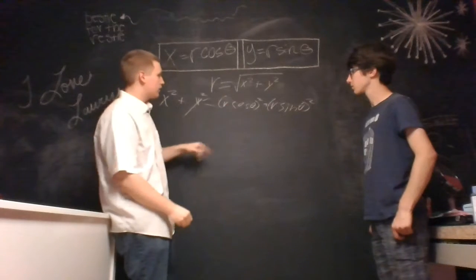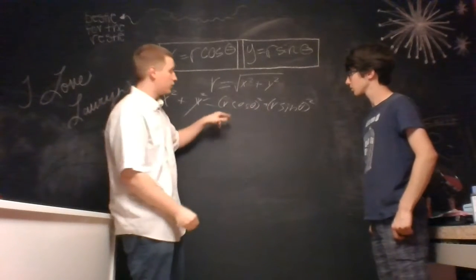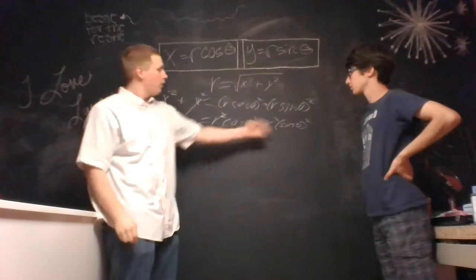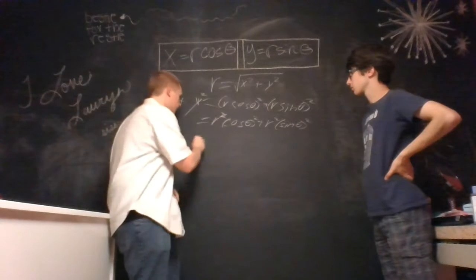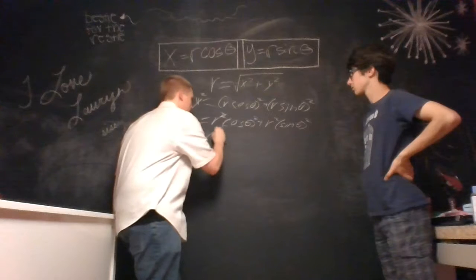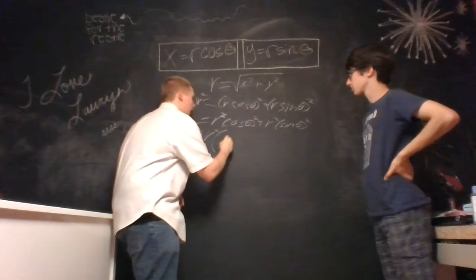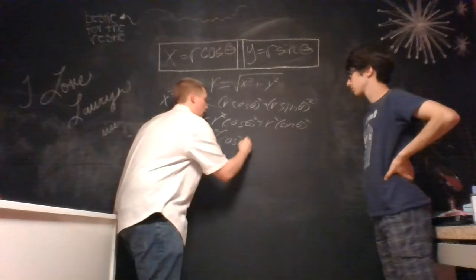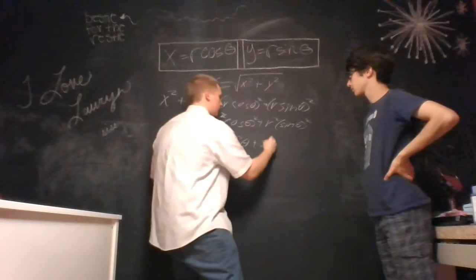What we can do with this is distribute out the square. And so, now what we can do with this is take out an r squared from both of these functions right here. And so what that will give us is r squared times the cosine squared theta plus sine squared theta.